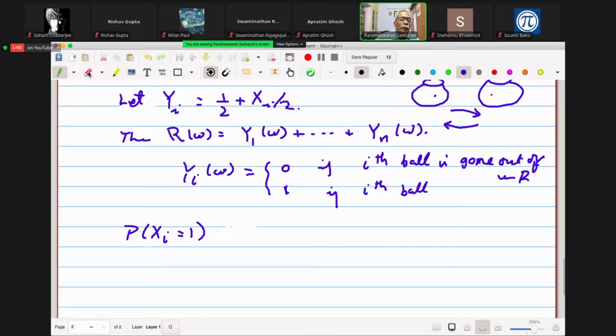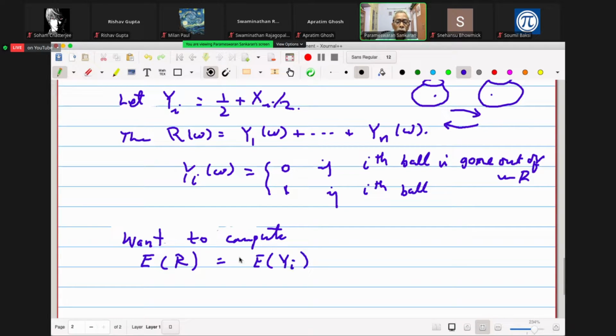The xi are all independent. That's the right way to say it. But anyway, we want to compute the expectation of R.